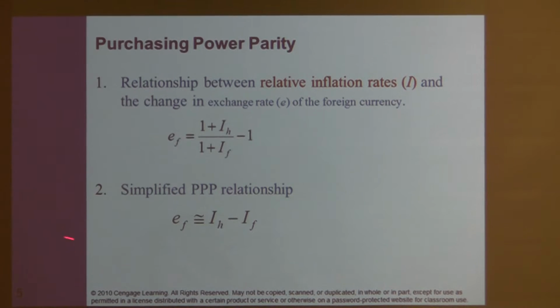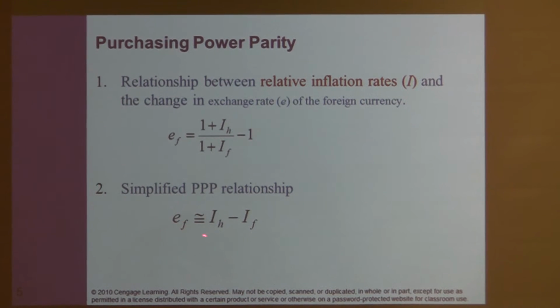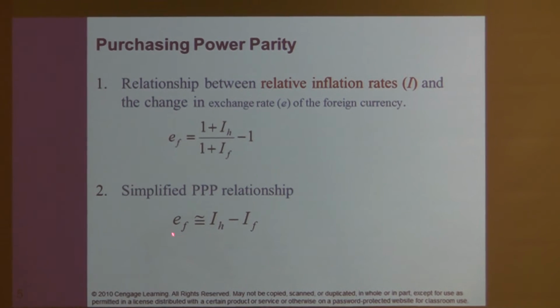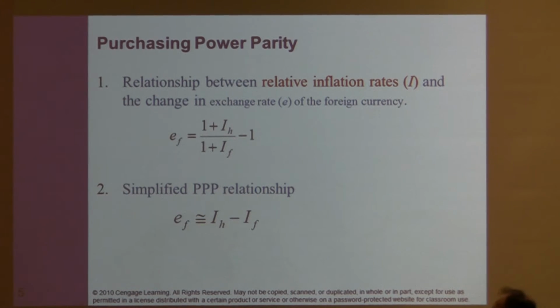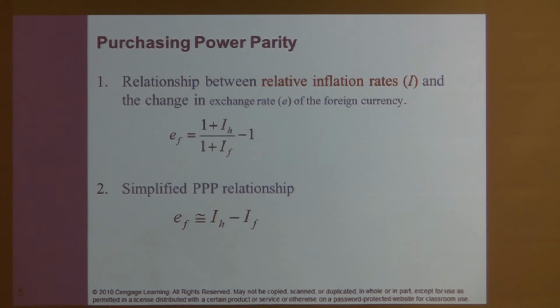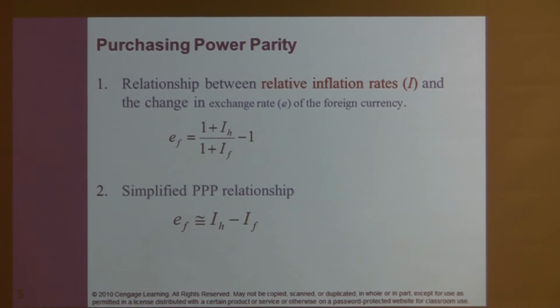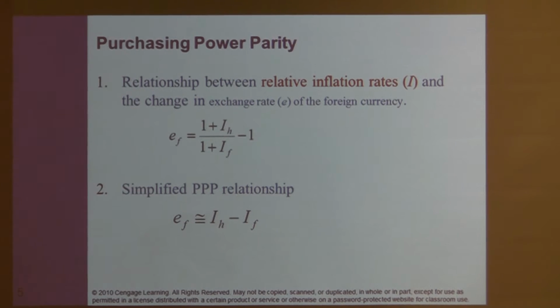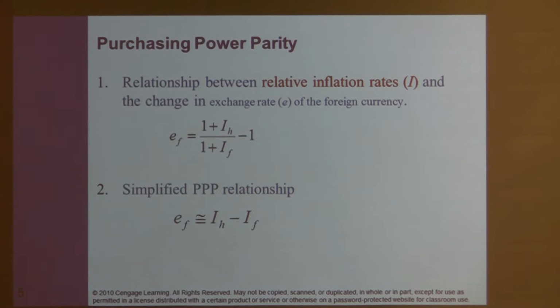Now, a simpler way is an approximation. This tells you that the change in the exchange rate will be equal to the difference between inflation levels of the trade partners. So let's say the inflation in the US is 3%, and the inflation in Europe is 5%.